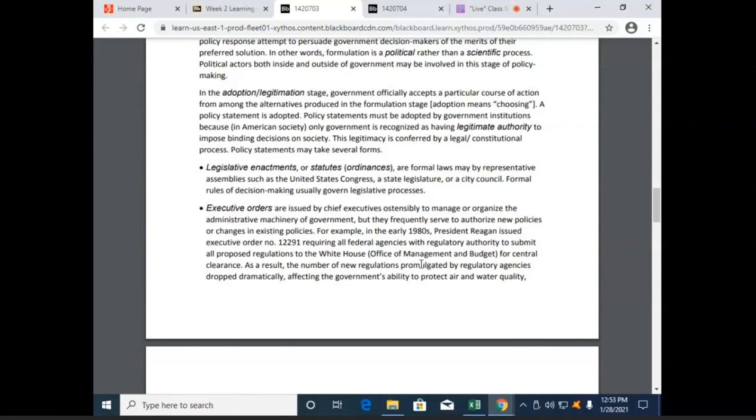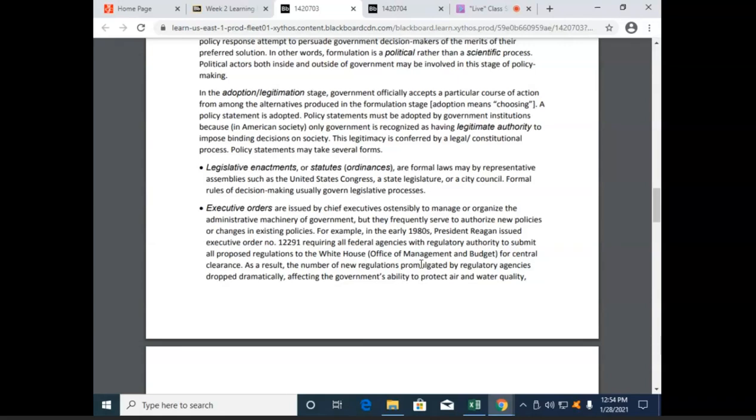Now, in the context of policymaking, that's called adoption. Adoption just means picking or choosing. From among the alternatives that were developed in the formulation stage, government decides which one.